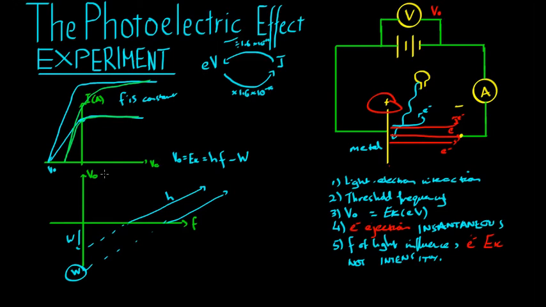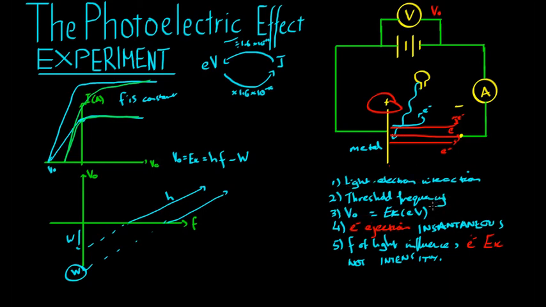And the final thing we'll talk about in this lesson is that if there is a light-electron interaction and the frequency of the light is influencing the kinetic energy and not the intensity, we can say that there must have been some kind of light particle which is striking the electron and giving it energy. But if any light particle hitting an electron gave it energy, we'd see any frequency ejecting electrons.